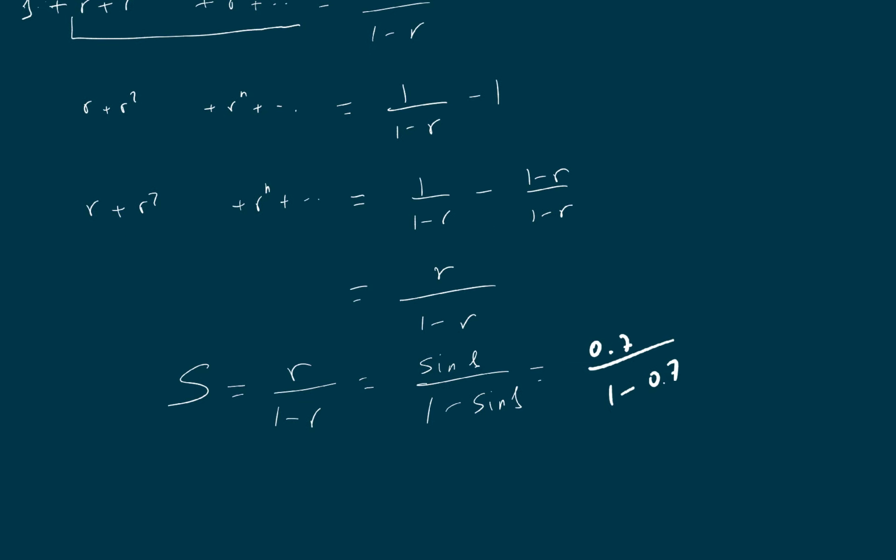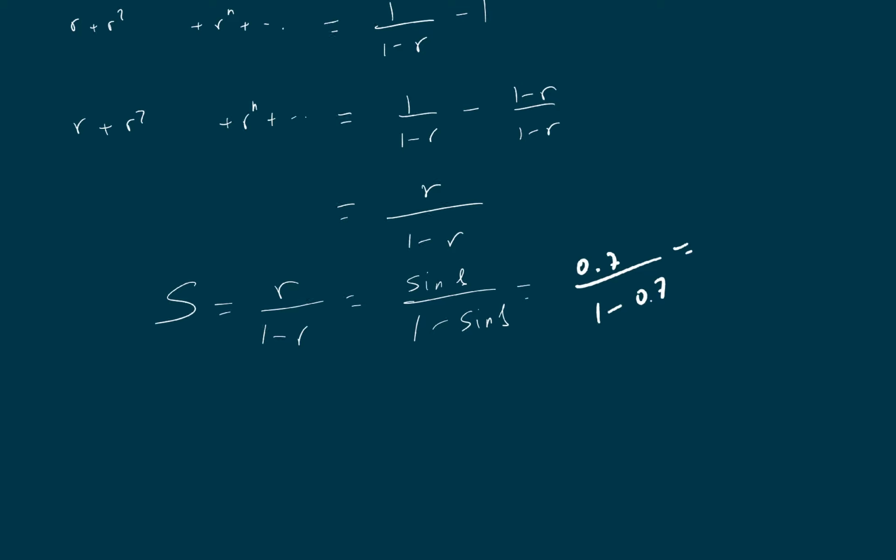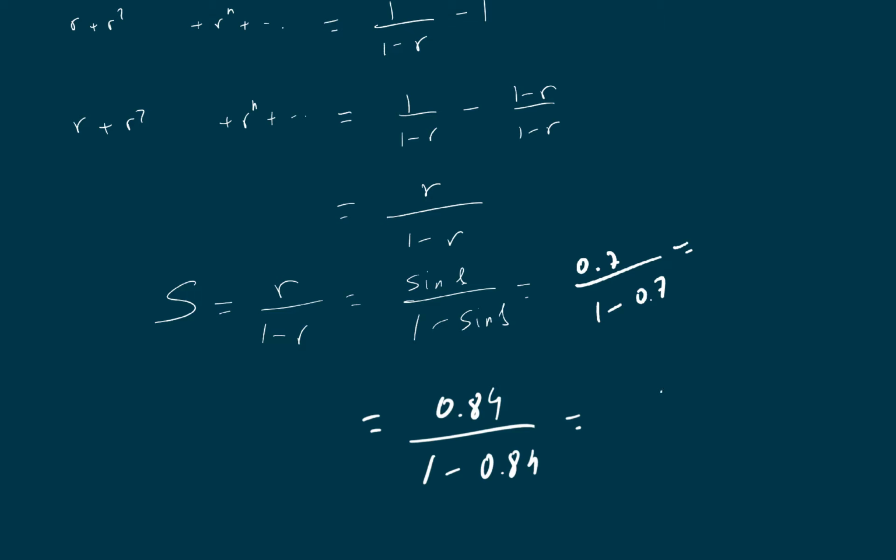Okay, maybe you do it. Well, I have checked sine of 1. Sine of 1 is 0.84. So this is 0.84 divided by 1 minus 0.84, and 1 minus 0.84 is 0.16. And now it should be correct.